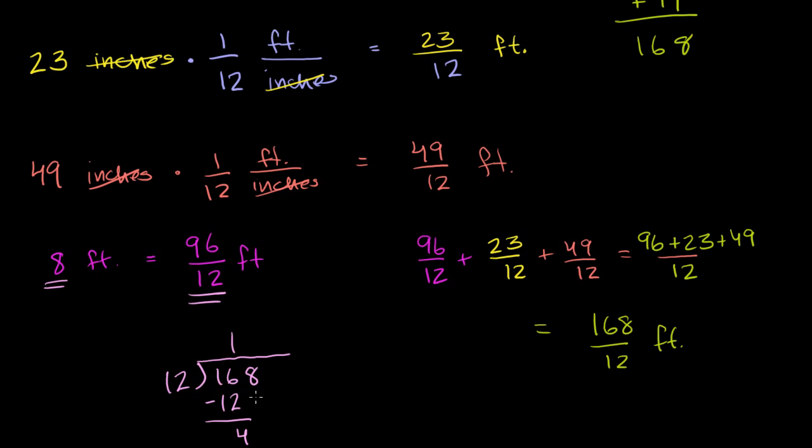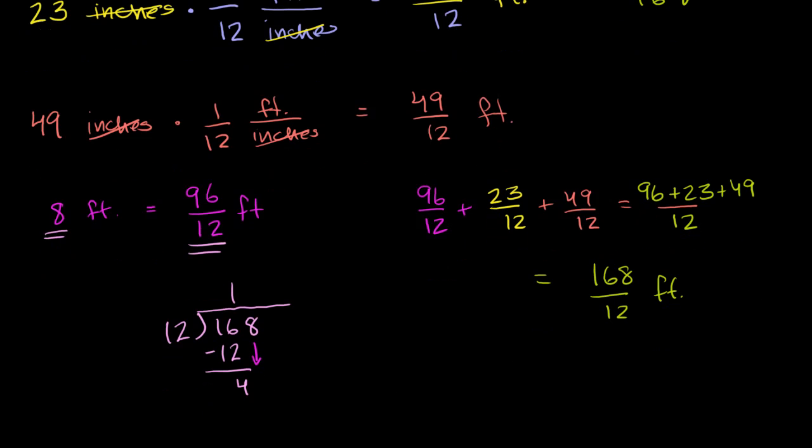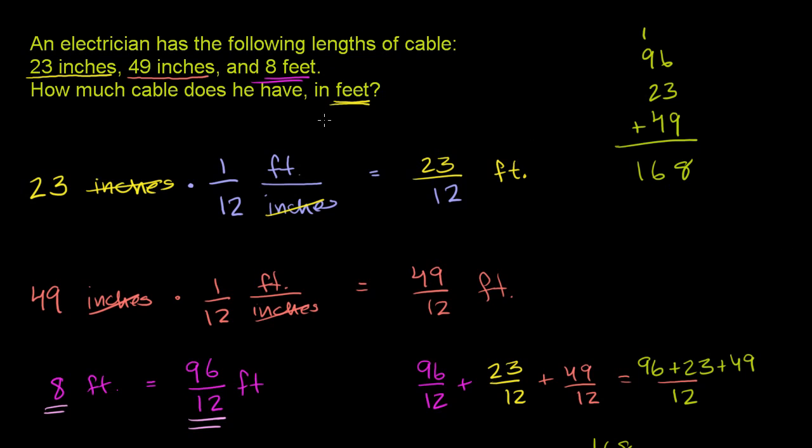Bring down the 8. 12 goes into 48 4 times. 4 times 12 is 48. And we have no remainder. So 168 over 12 is exactly 14. So this is exactly equal to 14 feet. So our electrician has exactly 14 feet of cable.